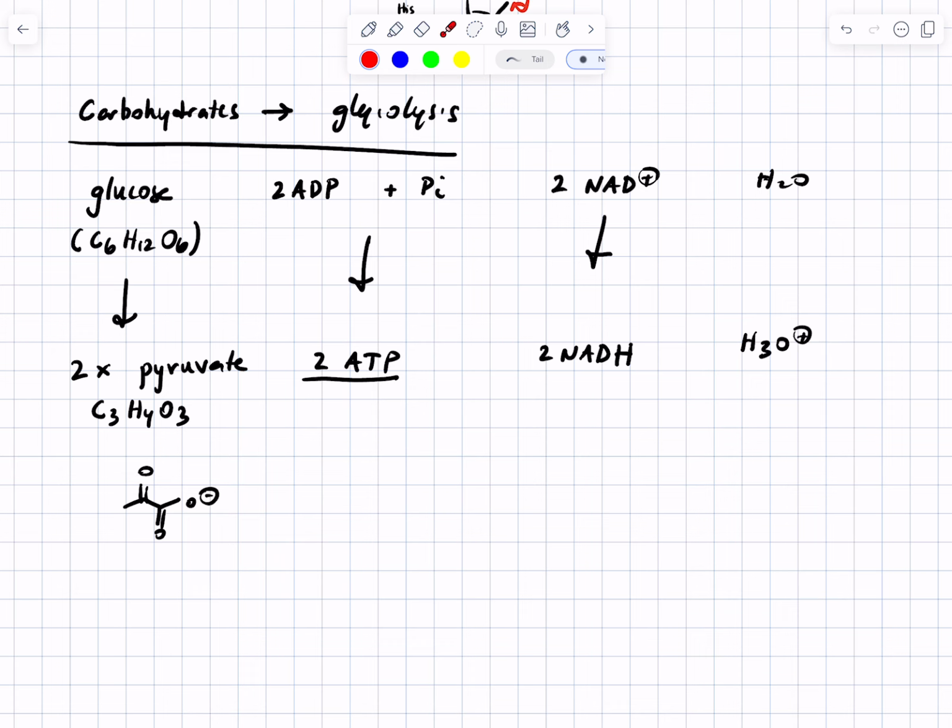We'll talk about what the molecules are called. We'll talk about what the enzymes are called. I'll also point out which steps are irreversible, that is so downhill in energy they can't go backwards. That's important in biochemistry because it's those irreversible steps that are the gatekeepers for these reactions.